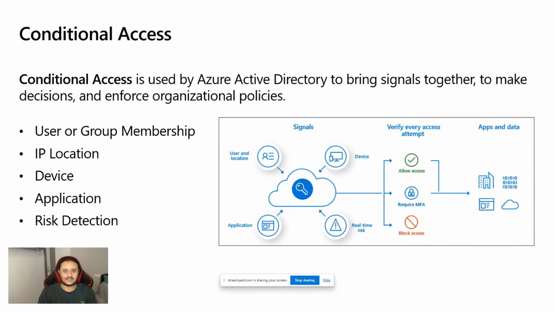The IP location that we have defined, we can even define the device also. Within the organization, laptops are given to everyone, and your laptop gets registered into your Active Directory.